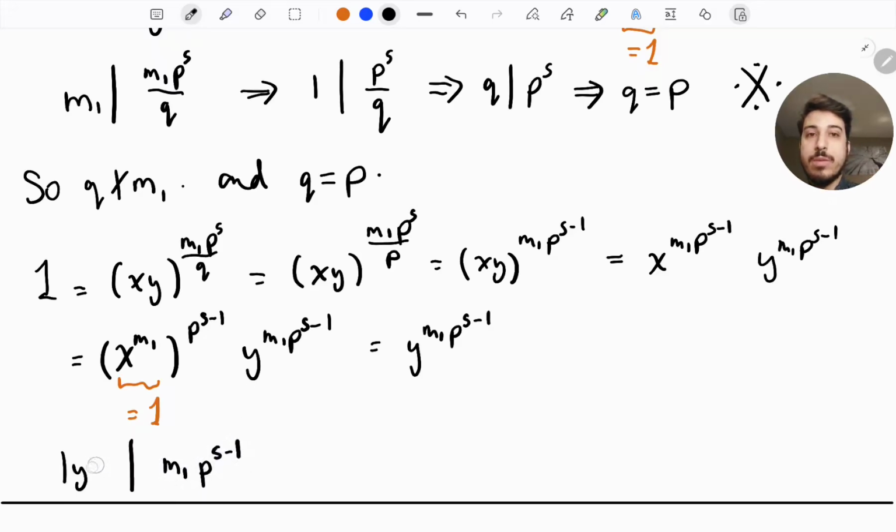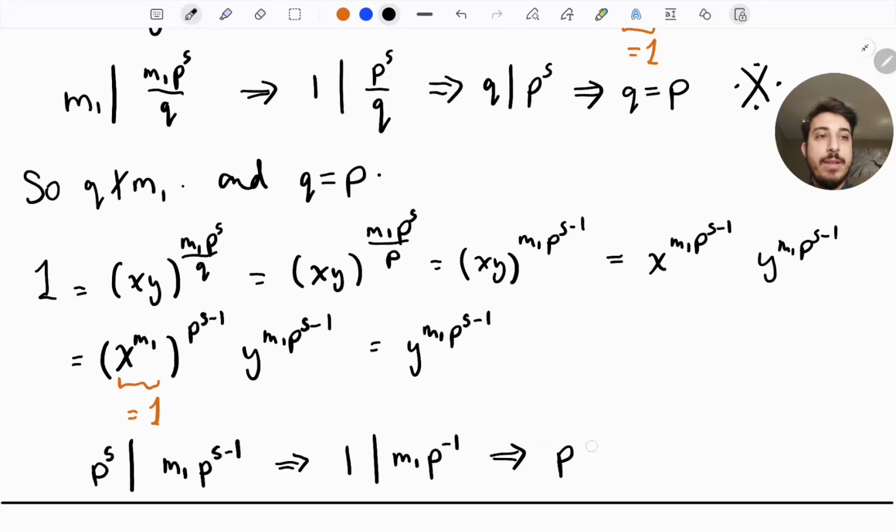But remember, the order of y is defined to be p to the s. So we have this relation now. If we divide both sides by p to the s, we get 1 divides m1 p to the minus 1. And now if we multiply both sides by p, we get that p divides m1. And this is a contradiction because we've just said that q does not divide m1.